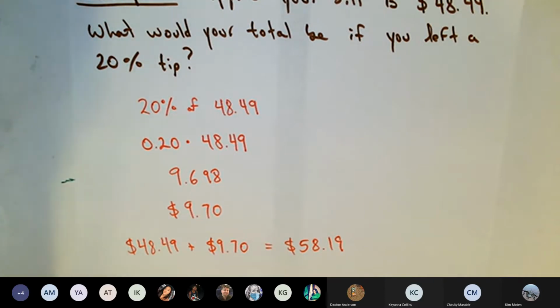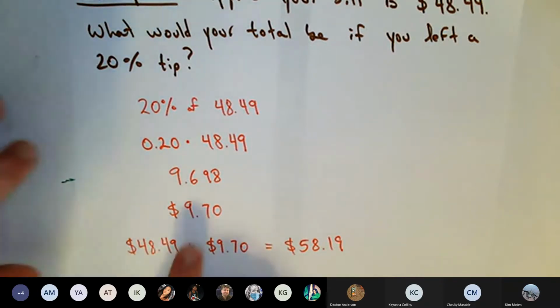Unless you want to be super precise and give them exactly 20%, then you can bust out the pennies and nickels and quarters and dimes, but maybe that's not exactly real world here. Because most people just leave whole number tips, right? Cash, not cents.